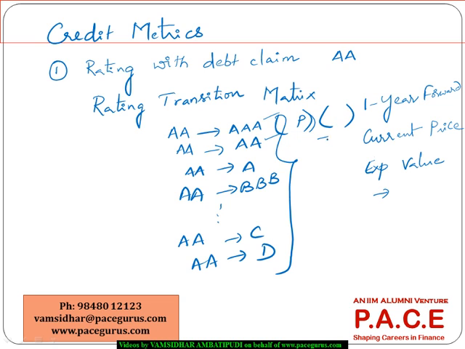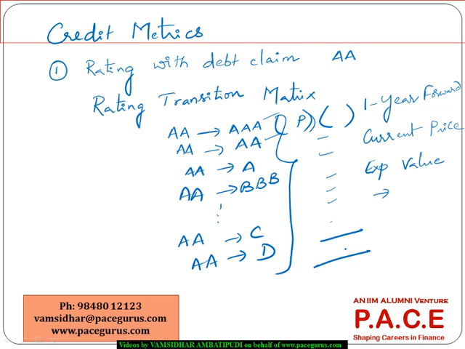Like that you add up all these things and finally say that this is the expected value of the bond. So based on expected value and the current bond price, you can very well compute what is the 1% VAR or 5% VAR associated with this particular bond.